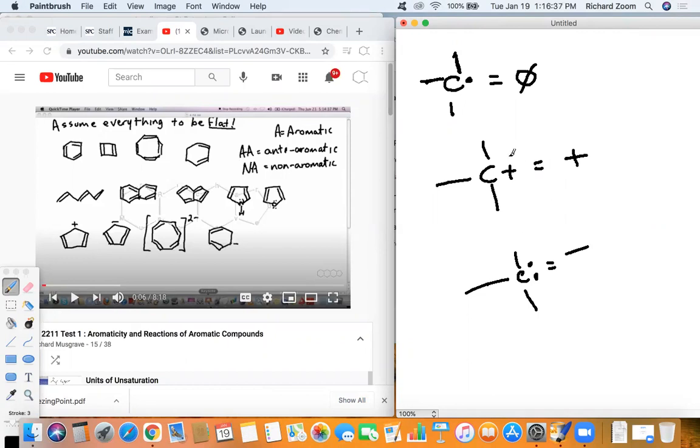So you can see that plus has 0 electrons, whereas the negative actually has 2 electrons. And neutral, which is called a radical, would have 1 electron. Is that okay? Anybody have any questions?